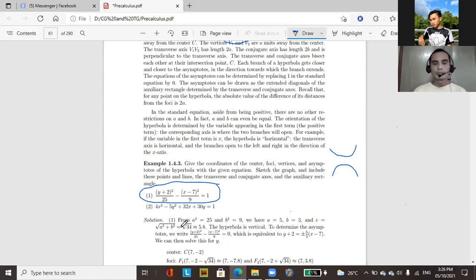So to determine the asymptotes, we write again this one.